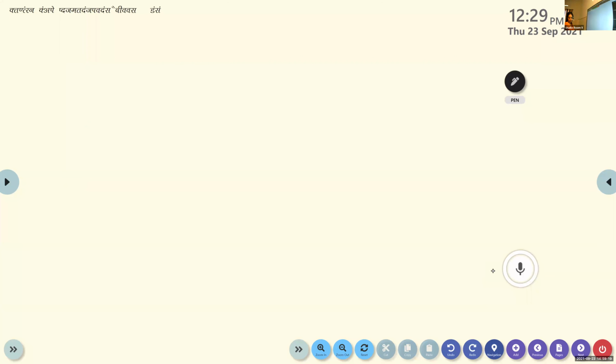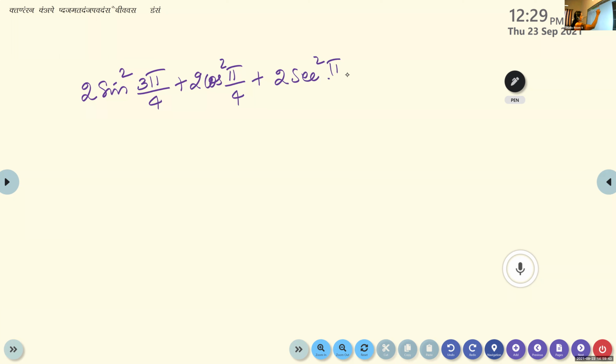Fourth one. Prove that 2 sine square 3 pi by 4 plus 2 cos square pi by 4 plus 2 sec square pi by 3 is equal to 10.